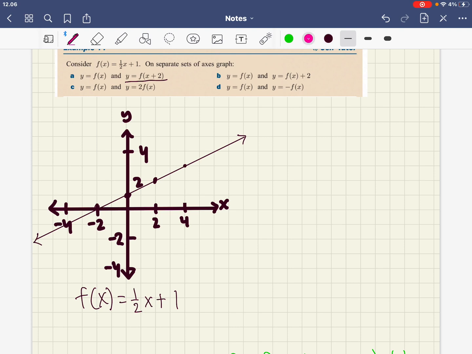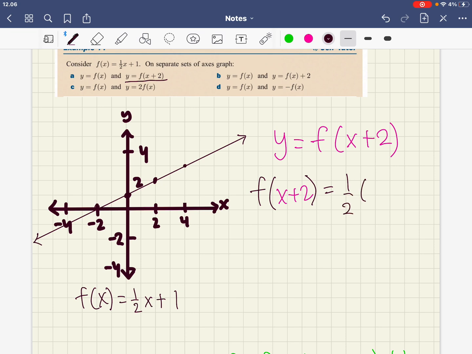So what we're going to do now, they say draw f of x plus 2. What they mean by that is that we need to replace x with x plus 2, and then you just add 1, right? So how do we do that? You have a few options. You can plug in a random x. I would like to plug in 0 because that gives me my y-intercept.